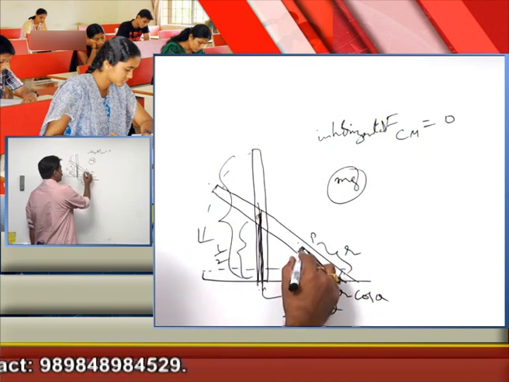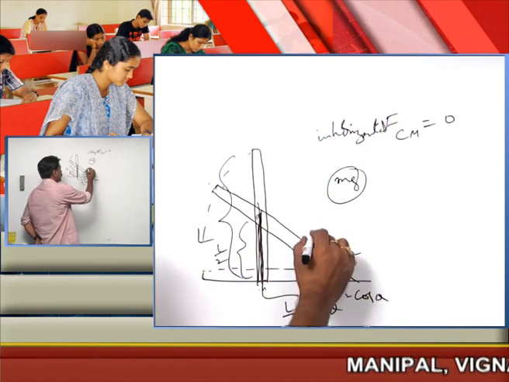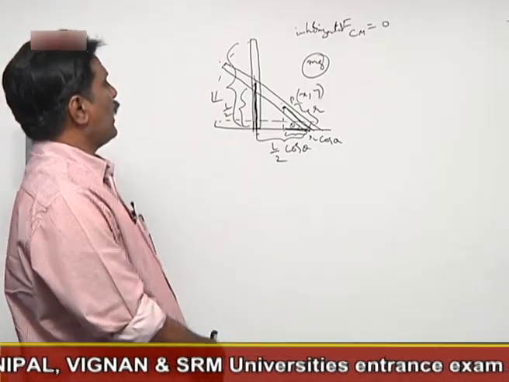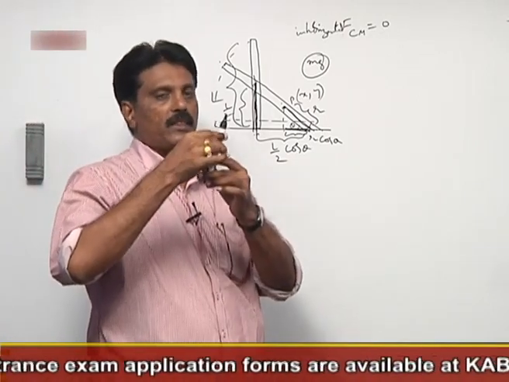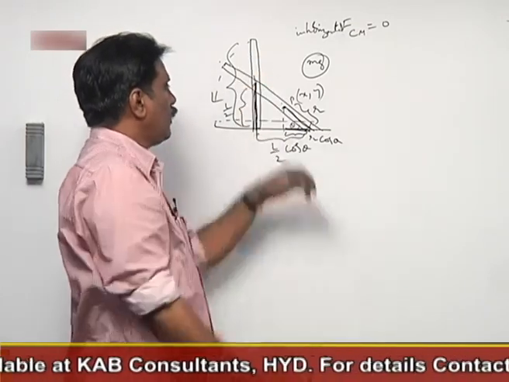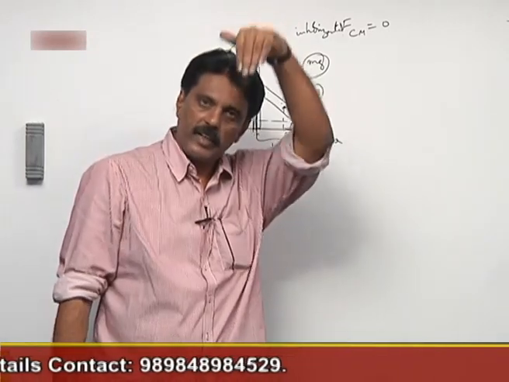So, for this point which is at a distance r from the bottom, if you take coordinates x comma y, here understand the problem clearly. The rod is slipping like this, to fall on the ground. While slipping, the center of mass motion is along the same straight line downwards.